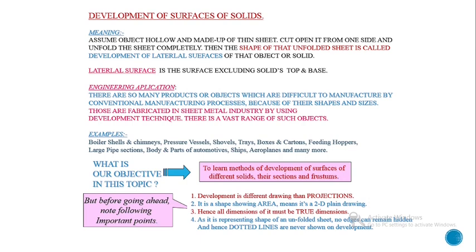Cut open it from one side and unfold the sheet completely. Then the shape of that unfolded sheet is called development of lateral surfaces of that object or solid. The lateral surface is that surface which excludes the solid's top and base.